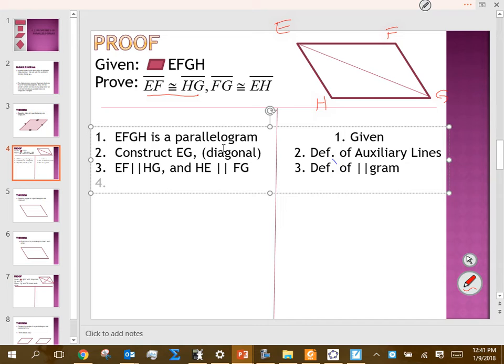Now here's the nice thing. Every single time, this is kind of a pattern, that you see the word parallel in a proof, you want to start thinking transversals and start thinking alternate interior, alternate exterior, same side interior, corresponding angles. Start thinking about those things. Okay? So that's really all we have, right? We develop the word parallelogram.